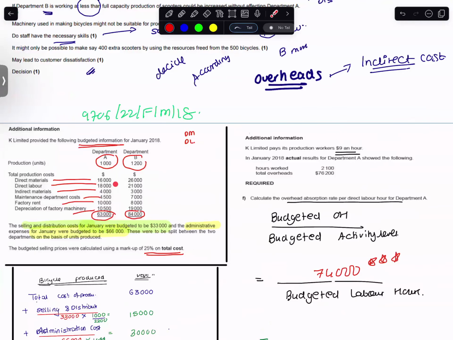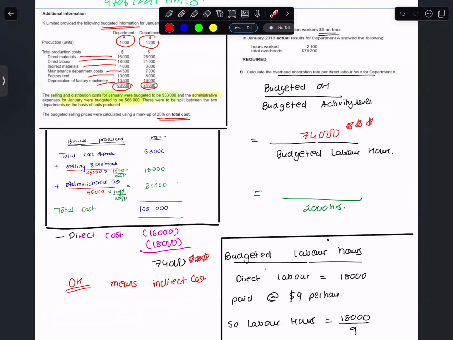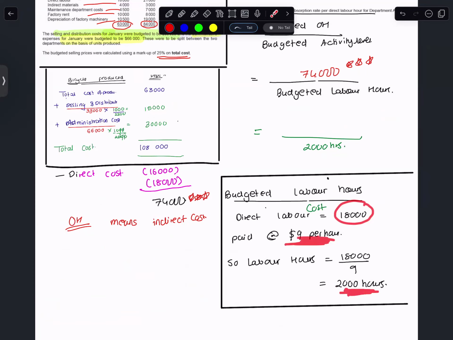So budgeted labor hours will become how much? Direct cost is 18,000, and they are paid 9 per hour. So labor hours is 2,000 hours. Budgeted overheads is 74,000 divided by budgeted labor hours. Your overhead absorption rate becomes 74,000 divided by 2,000. Your overhead absorption rate is $37 per direct labor hour.